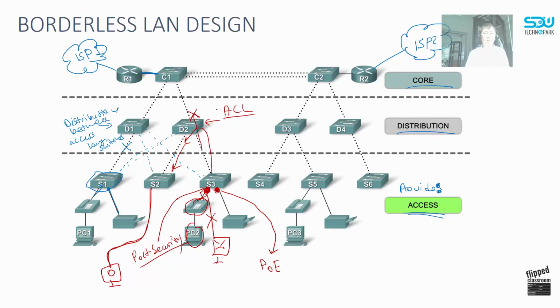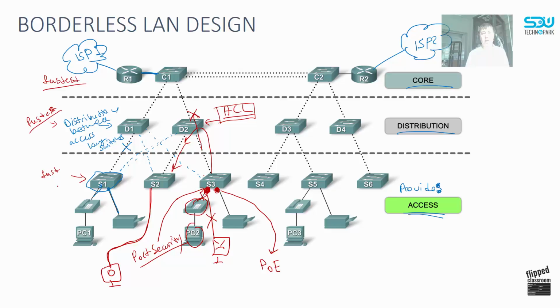So this kind of filtration can be applied on the distribution layer switches. And a characteristic of the distribution layer switch is that it has to be medium or fast speed. Here we have to have faster switches than the access layer switches. And core layer switches have to be the fastest which you have in your network.